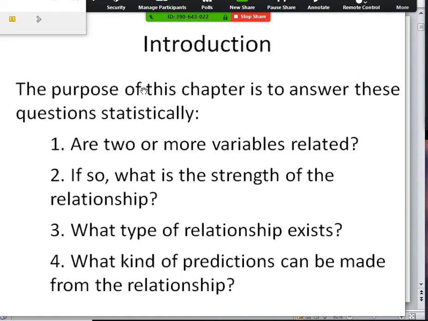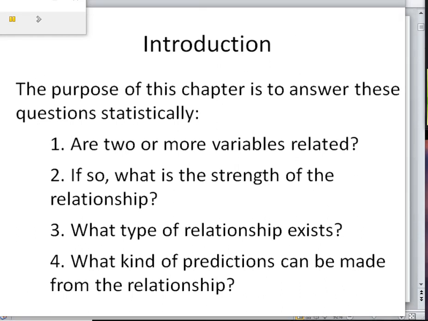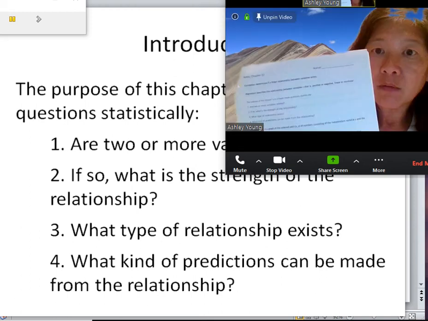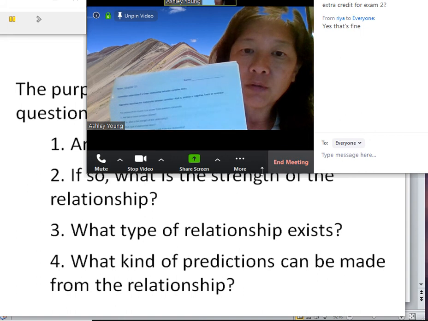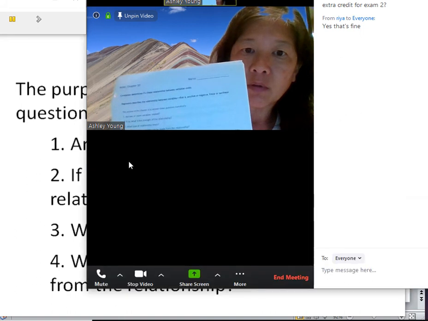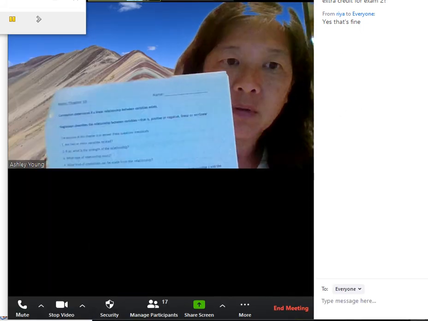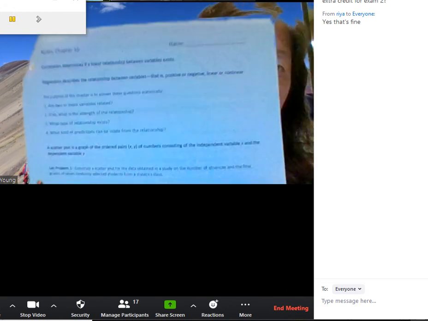Chapter 10 notes, if you can see my picture, they look like this. Here, I'll stop sharing for just a minute. Make me bigger. All right, so they look like that.